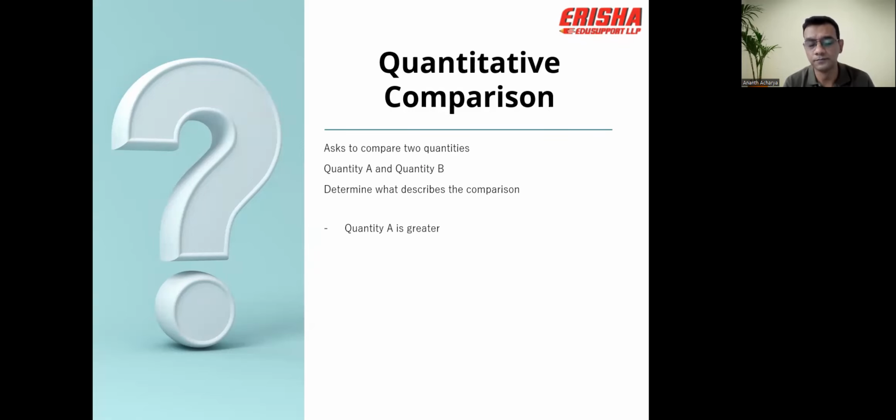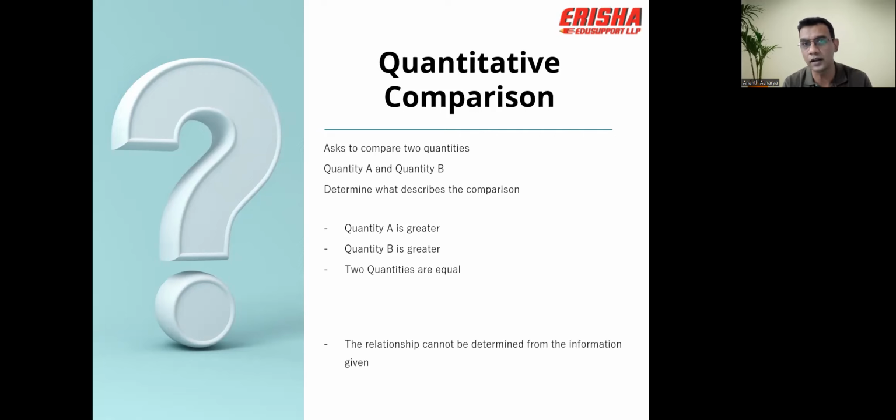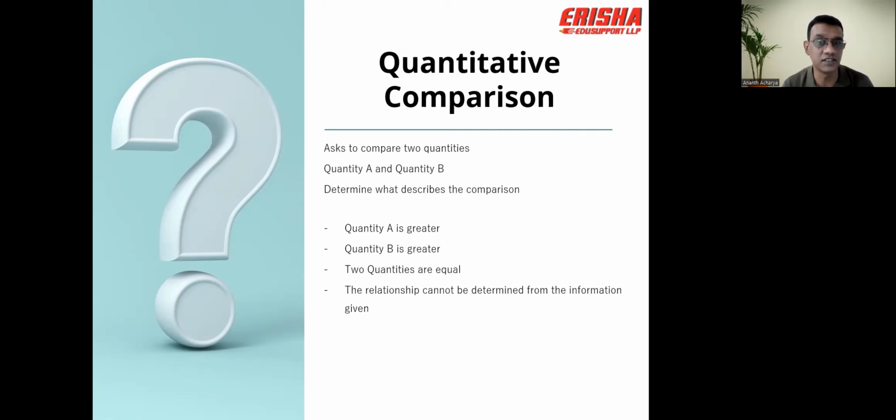The first option says that quantity A is greater. The second option says that quantity B is greater. The third option says that the two quantities are equal, while the last option says that the relationship cannot be determined from the information given.